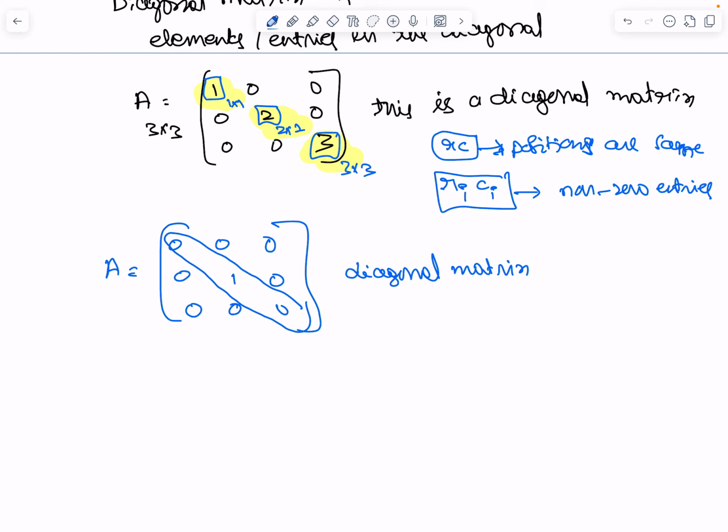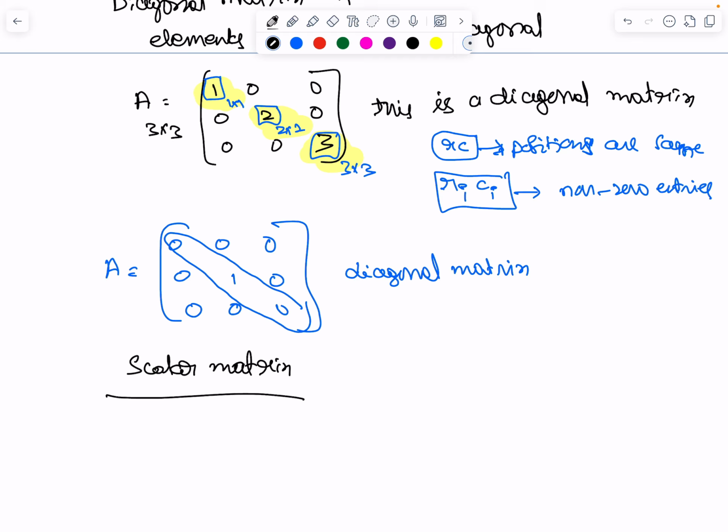Diagonal matrix. Next one is the scalar matrix. A scalar matrix is a diagonal matrix with all diagonal entries equal.